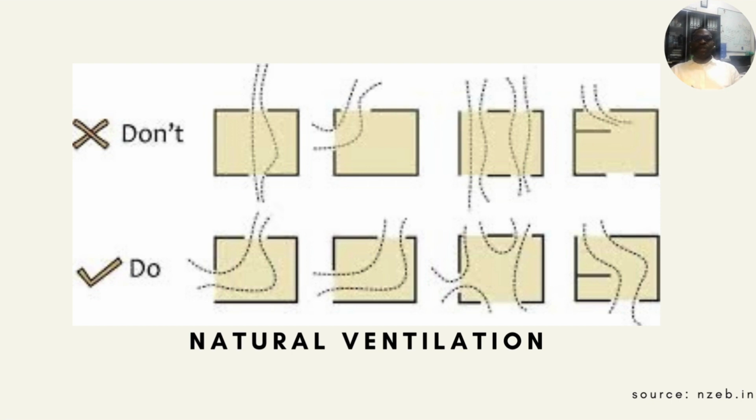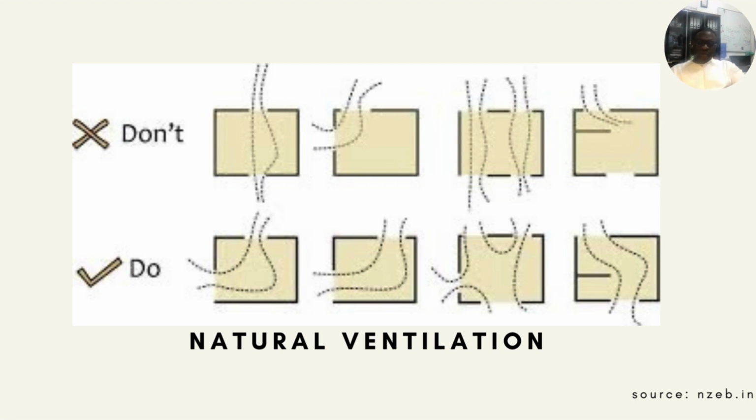For the illustration we have here, the lower row shows the different ways and impact of the way building elements are positioned within the green building for you to maximize the benefit of natural ventilation.